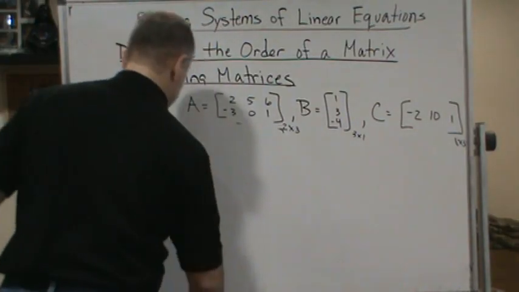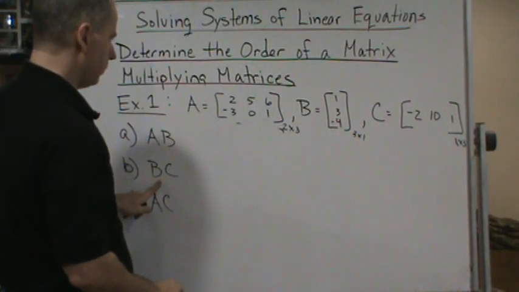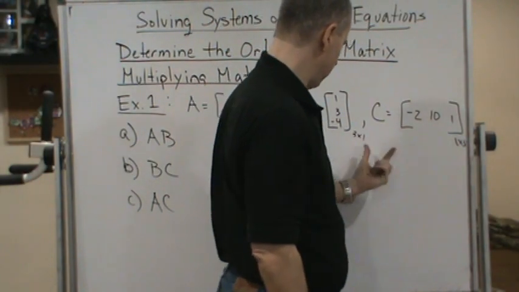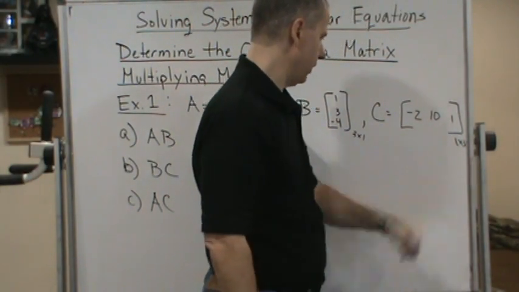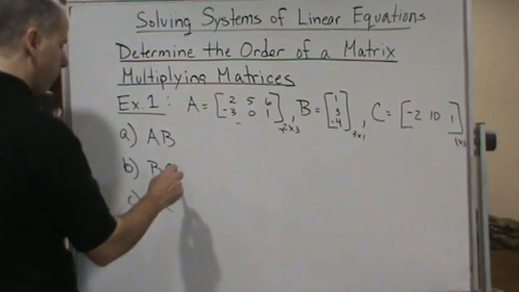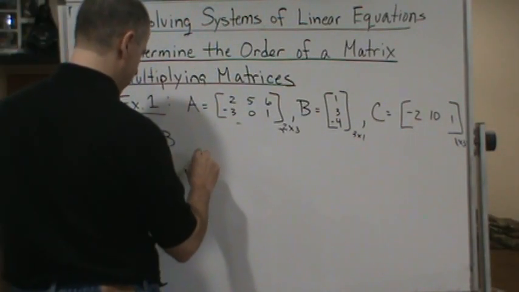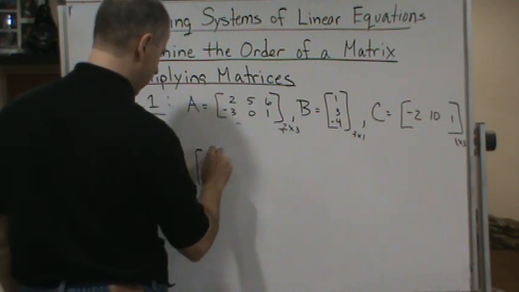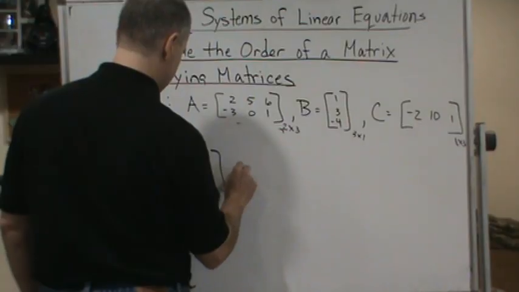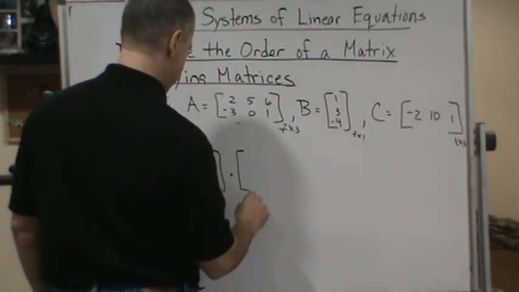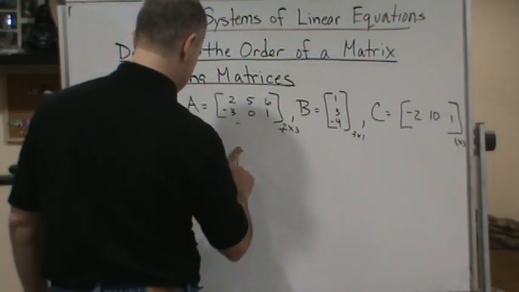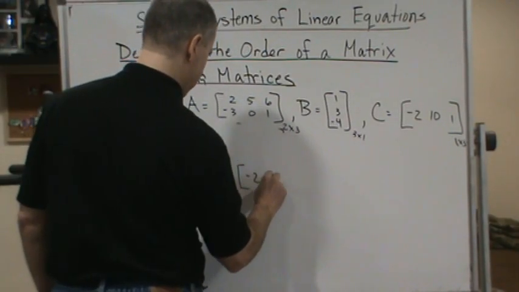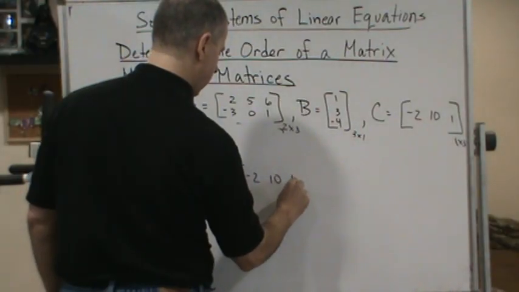All right, so B times C, this is a 3 by 1 and a 1 by 3. Notice the inner dimensions are the same, so we can multiply these. So let's do 1, 3, negative 4 times negative 2, 10, 1.